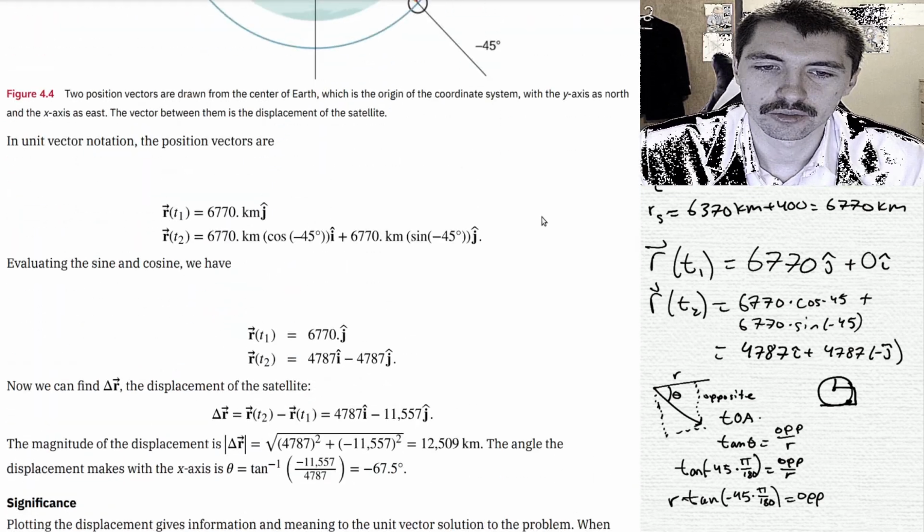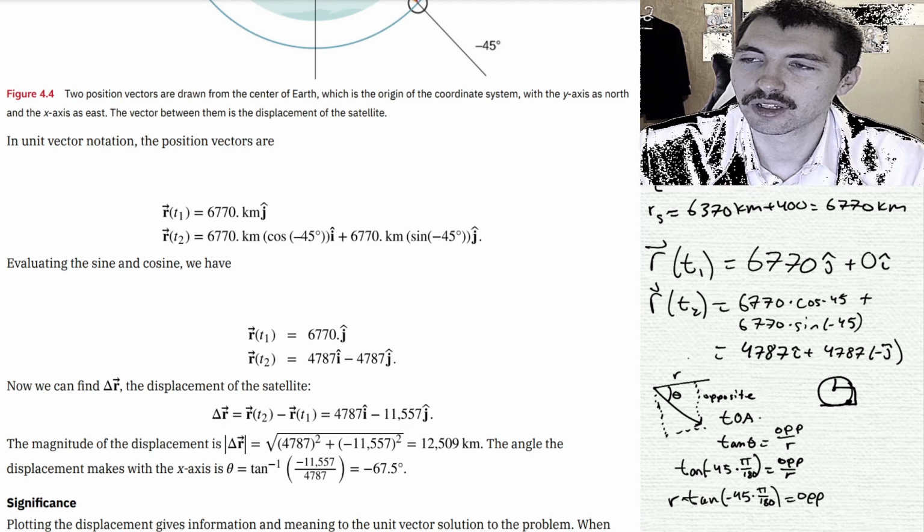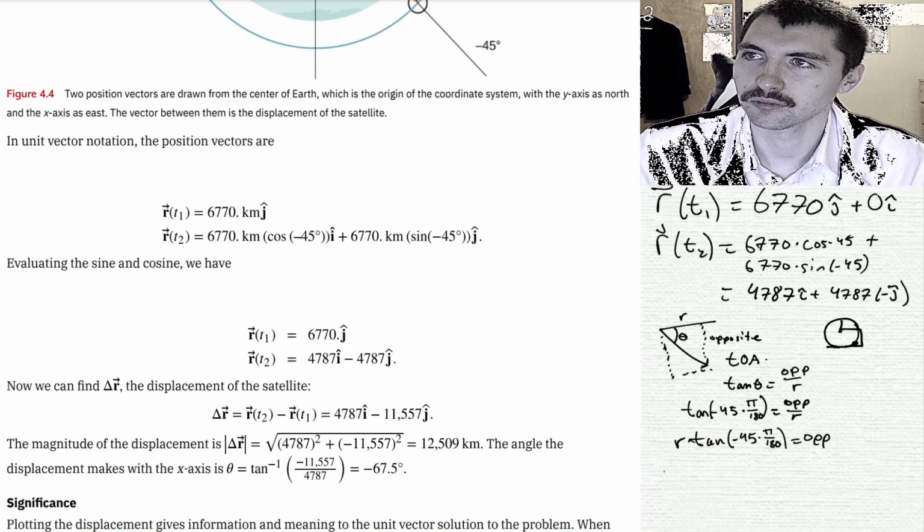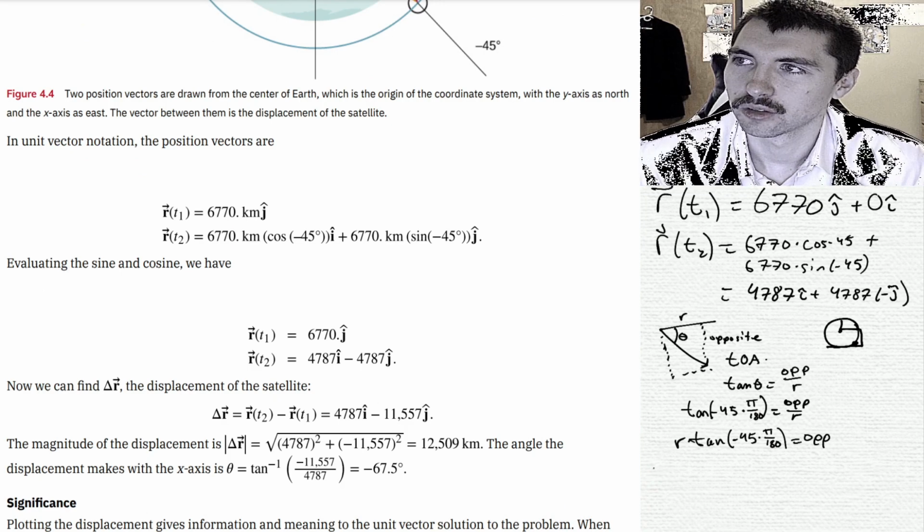Okay, so now we can find the displacement. So we're taking, not looking at the textbook yet.